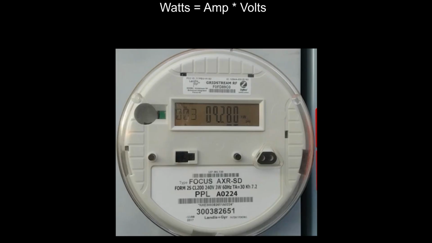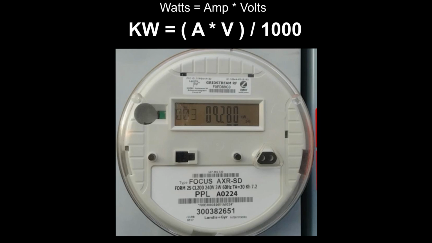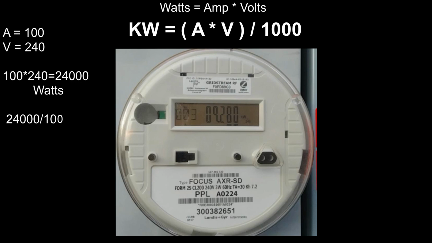Okay, so the way this works is kilowatts is equal to amps times volts divided by 1,000, because it's kilowatts. So basically on a 100 amp system that's running on 240 volts, which is one of the most common you can find, you're going to be looking at 24,000 watts or 24 kilowatts.